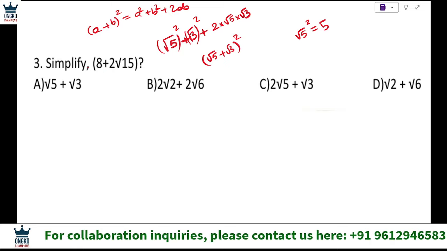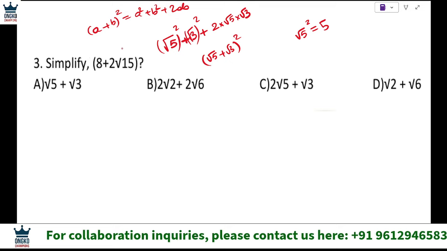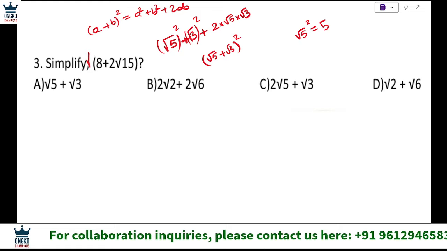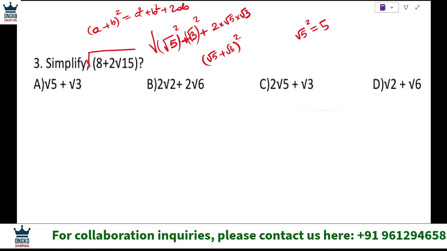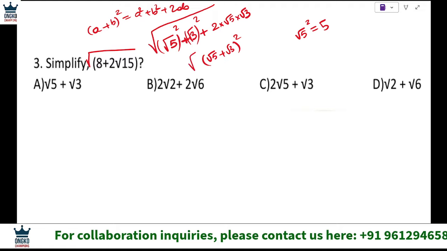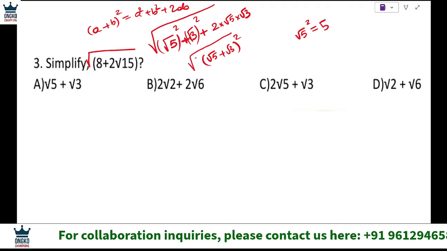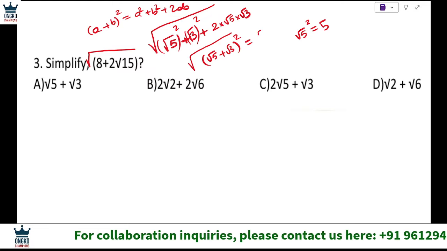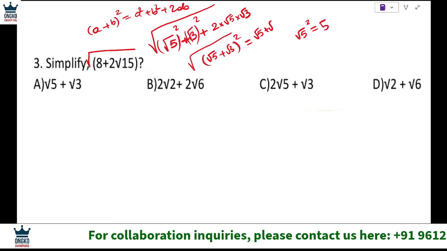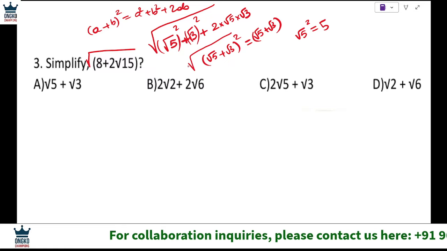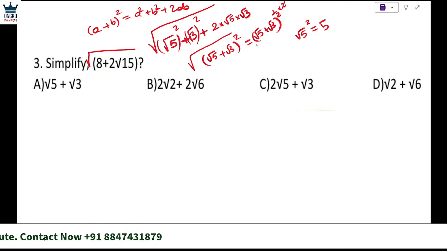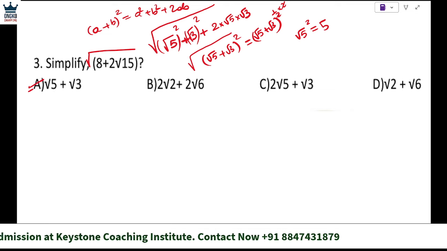Then the root of that is root 5 plus root 3. That means the root and the square cancel. Here we get root 5 plus root 3 over 2, which is 1 by 2, into 2, cancel, root 5 plus root 3. So let's say this is the answer.